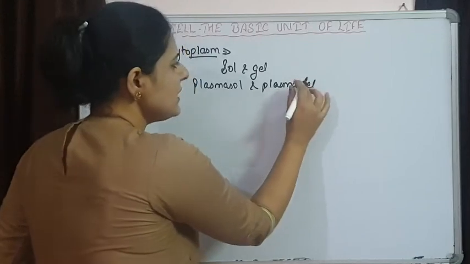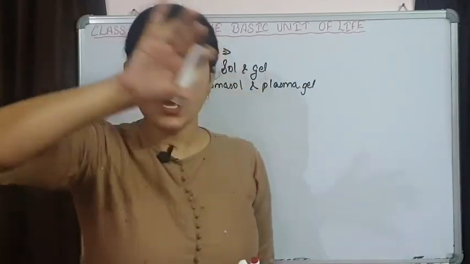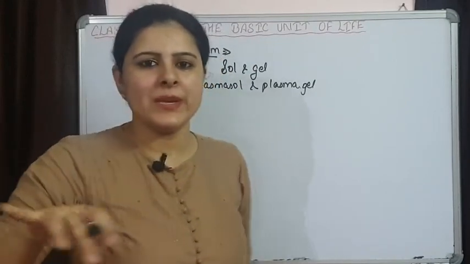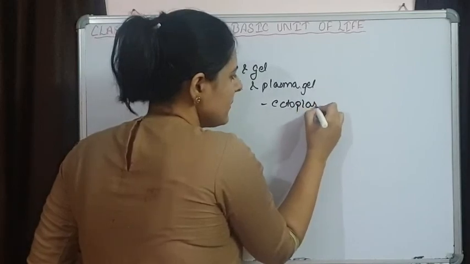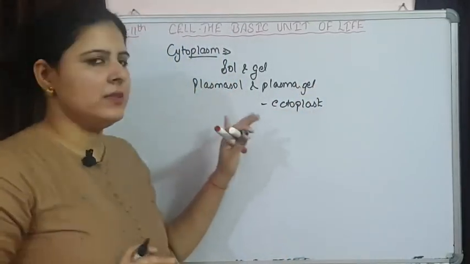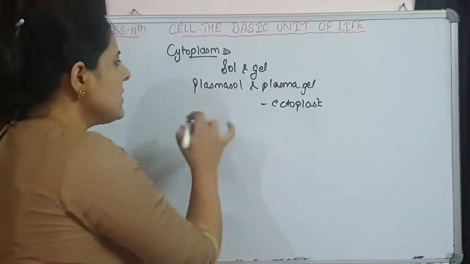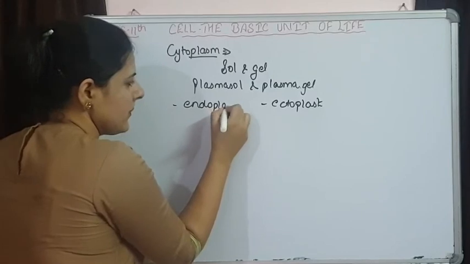The plasma gel is present just below the plasma membrane. That means the outer cytoplasm is the plasma gel. It is going to form the ectoplast, the boundaries, and the inner cytoplasm is the plasma sol, so it is the endoplast.